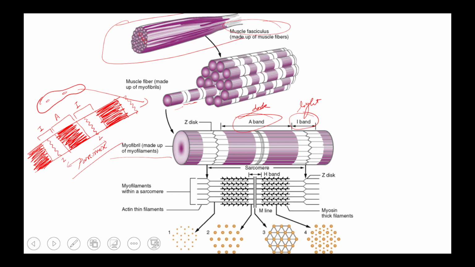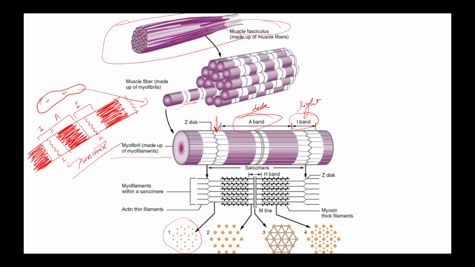Next, when a thin cross-section is taken at this particular position, the section looks like this. So this is a thin filament.